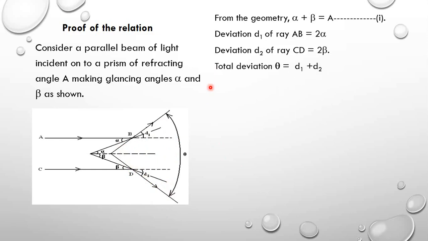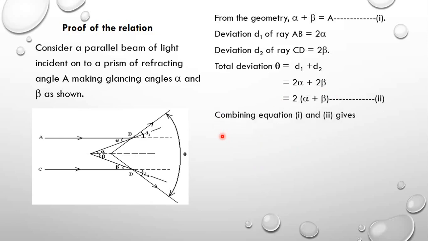If we substitute D1 and D2 with 2 alpha and 2 beta, we shall have theta equal to 2 alpha plus 2 beta, and then 2 into brackets alpha plus beta. Then we combine equation 1 and equation 2 and get theta as 2A.